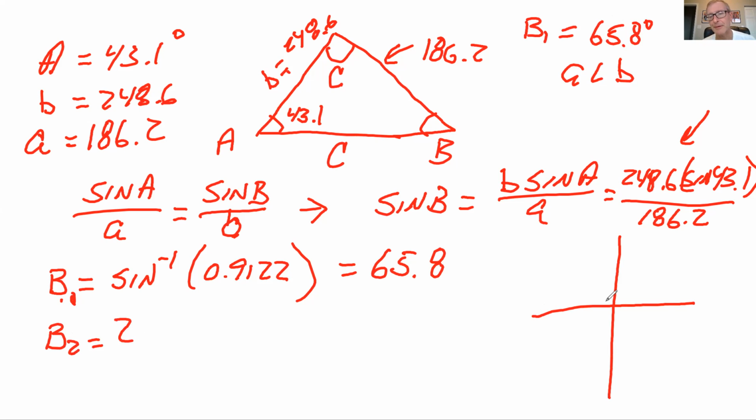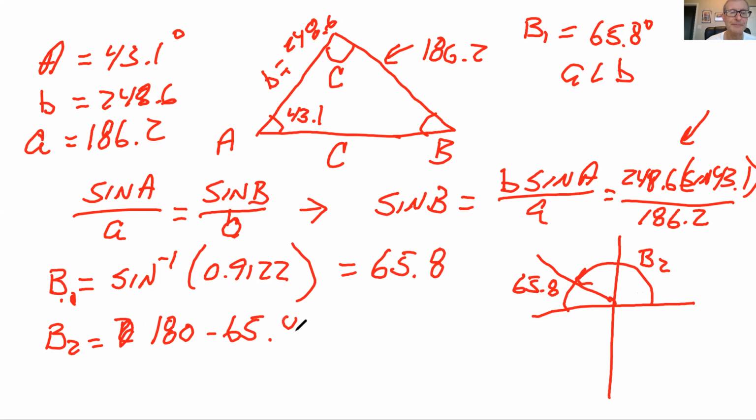Well, remember that reference angle we always talked about? This would be 65.8 over here. So this is the second angle we want to measure, B2. B2 would be 180 minus 65.8, and that would be 114.2.